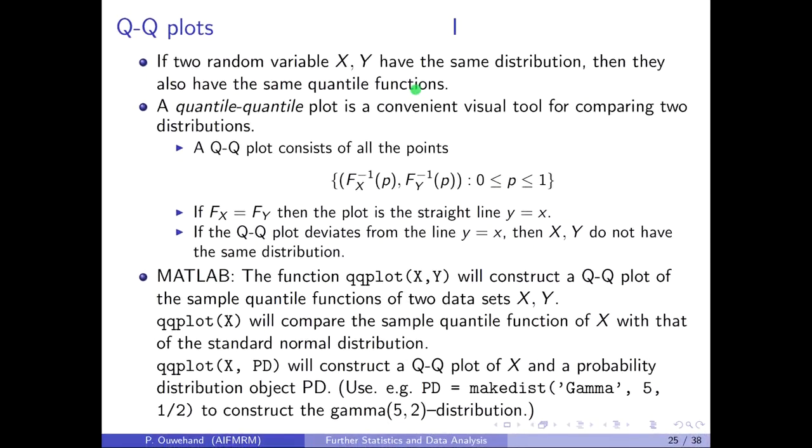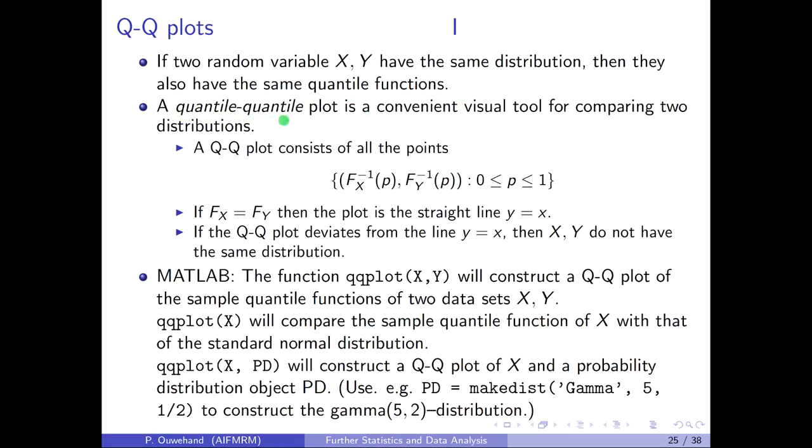Next, we consider quantile-quantile plots, or QQ plots. As I have already mentioned, these are a way of visually comparing two distributions. Suppose two random variables X and Y have the same distribution. In that case, they have the same cumulative distribution function, and by the way the quantile function is defined, they must also have the same quantile functions.